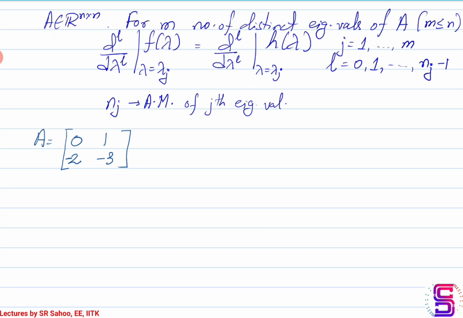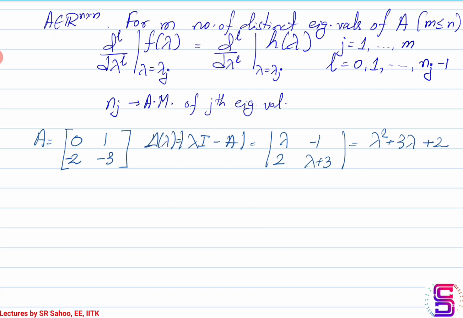Okay, so if I take the determinant, so if you remember, determinants are also represented by this vertical bar. So if I take the determinant of this form, what I get is lambda times lambda plus 3 plus 2. So this gives me lambda square plus 3 lambda plus 2. Okay, so this is my characteristic polynomial.